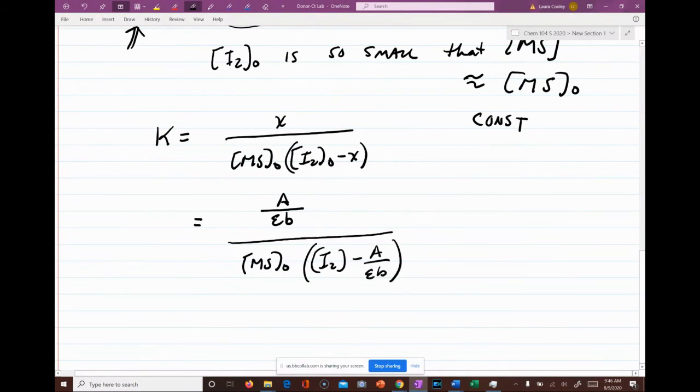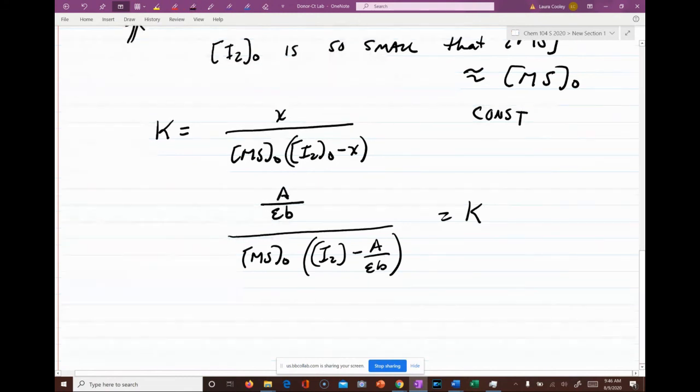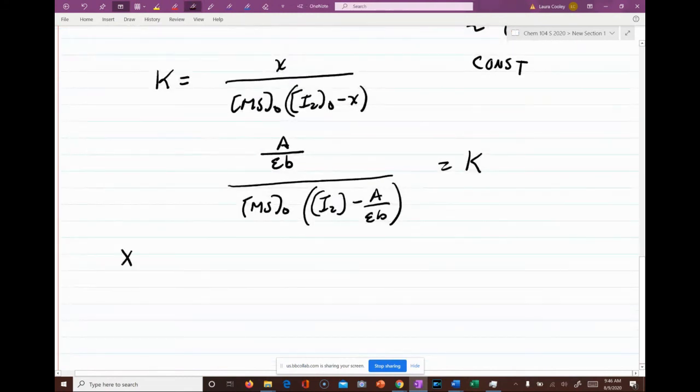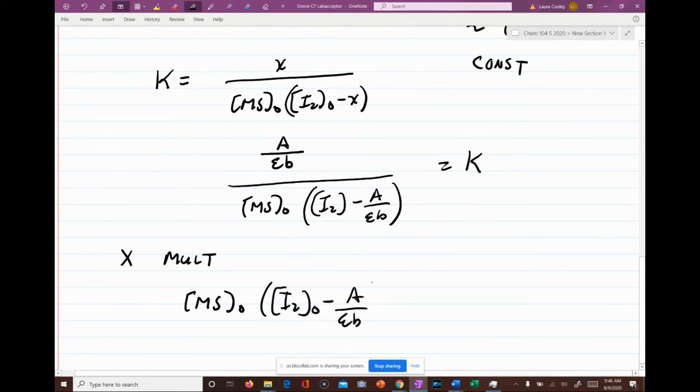It looks like I'm making this worse, not better, but that's not the case. So first thing I'm going to do is cross multiply. When I do that, I get MS0 times I20 minus A over EB times K equals A over EB.